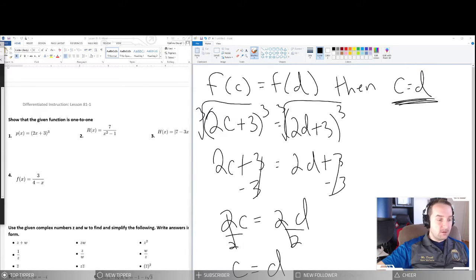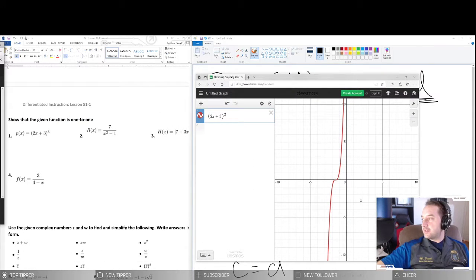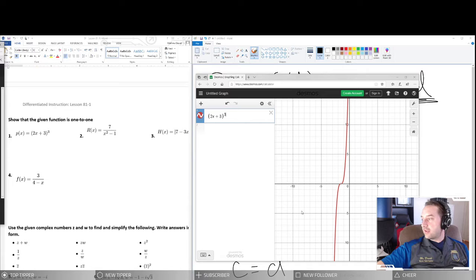Another thing that we can do is plug it into Desmos. Give me a second with that. We could even look at it, and we'll know that it's going to be one-to-one. So (2x plus 3) cubed. Looking at it in Desmos, I can draw an infinite number of horizontal lines, and it's always going to pass that horizontal line test.